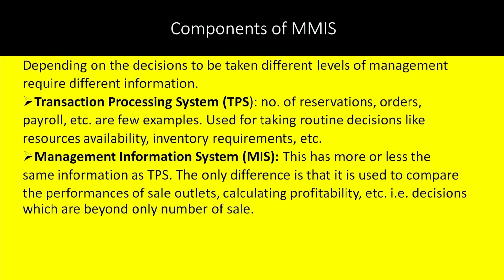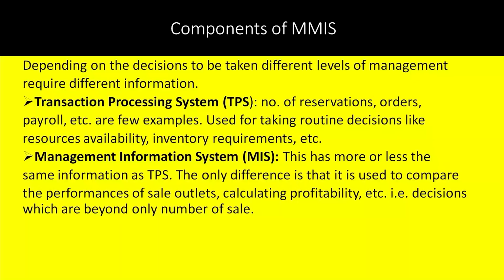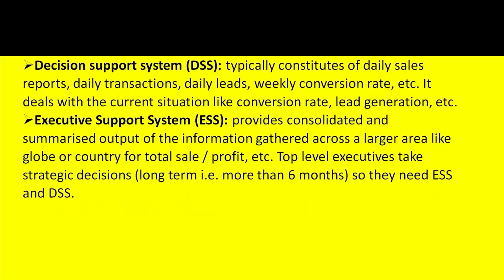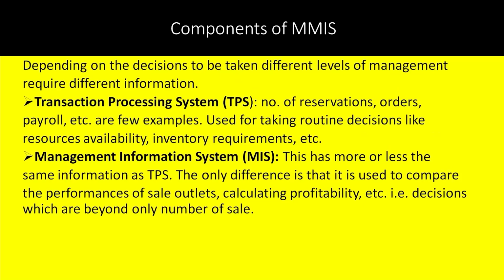So, now we will study the components of MMIS. MMIS has 4 components. First is TPS, that is transaction processing system. Next is management information system or MIS. Third is decision support system or DSS, and fourth is executive support system, that is ESS. These 4 systems or subsystems have been made on the basis of the type of information which they provide.